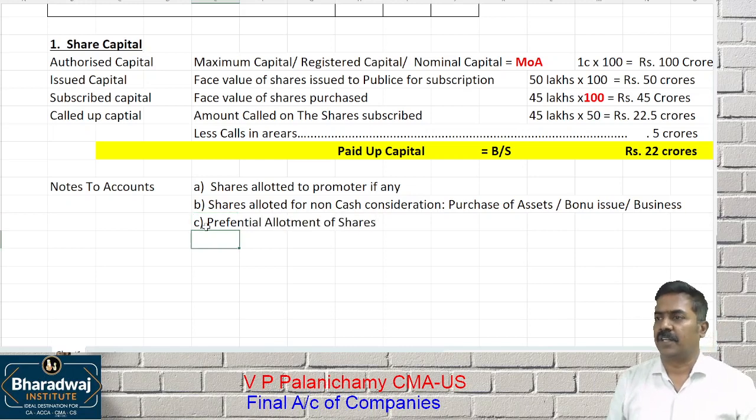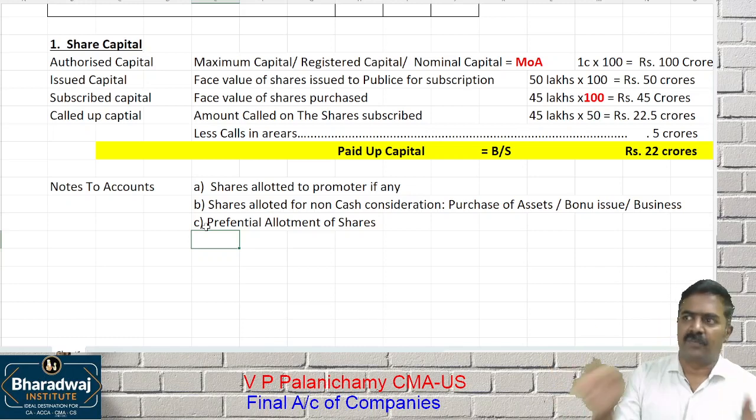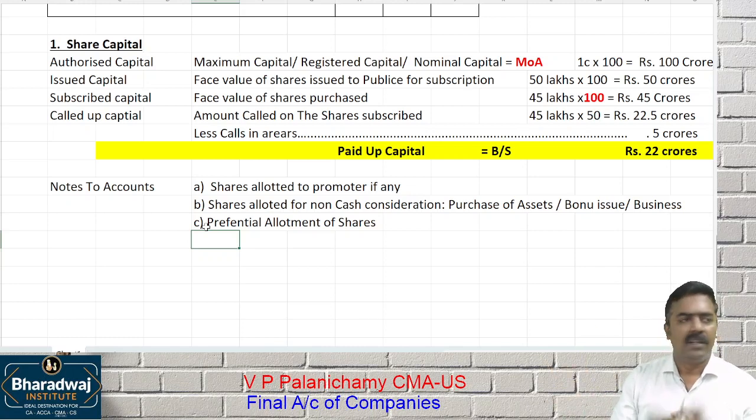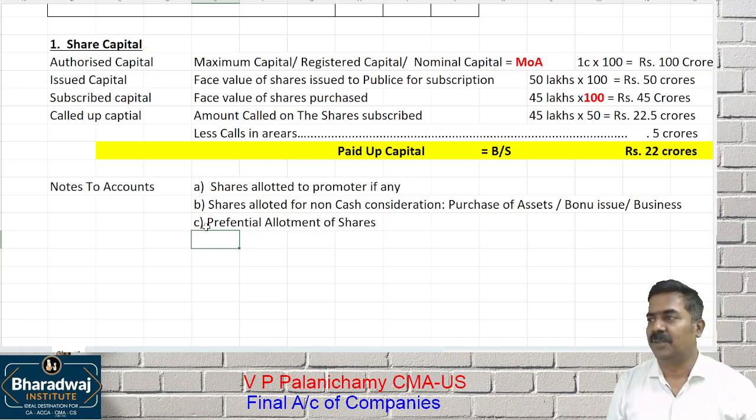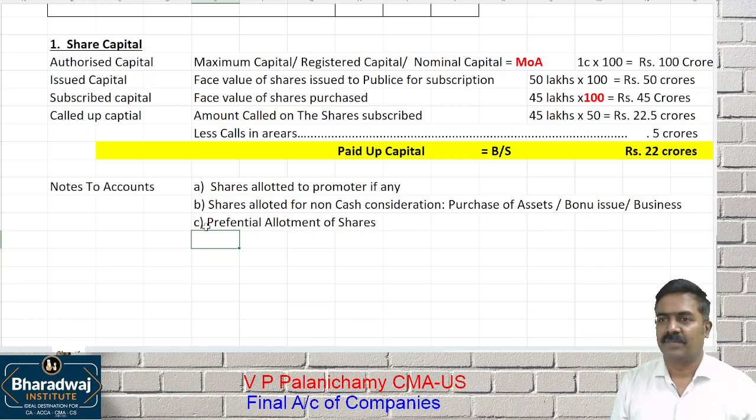What do you mean by preferential allotment of shares? For example, a company is issuing shares. All of us are applying for the share, and one big investor is also applying. Now what will the company do? Will the company allot to us first or to the big investor? Why?